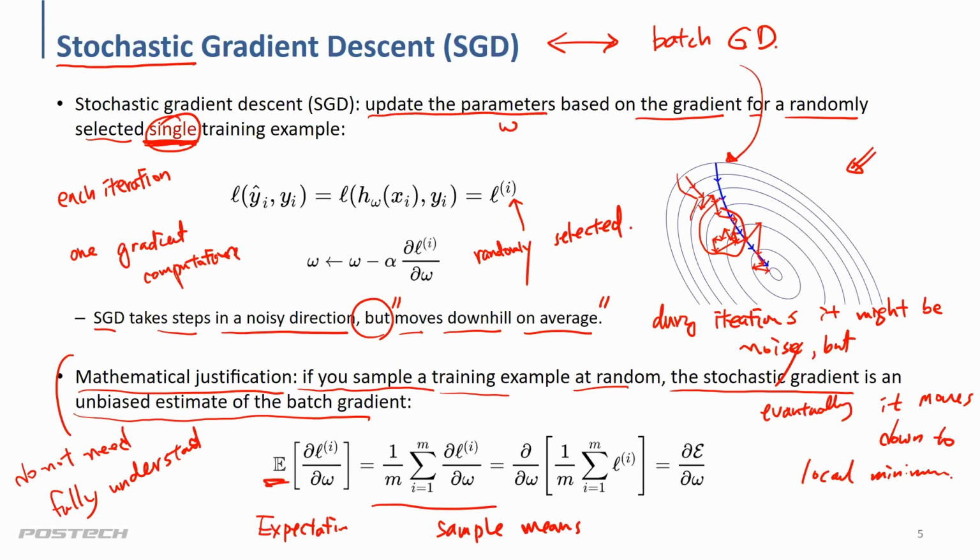Again, to summarize, there are two extreme cases. One is the batch gradient, the other one is the stochastic gradient. Batch gradient is the best if you can do it, but if you have a big data set, each iteration is going to require a lot of computation.